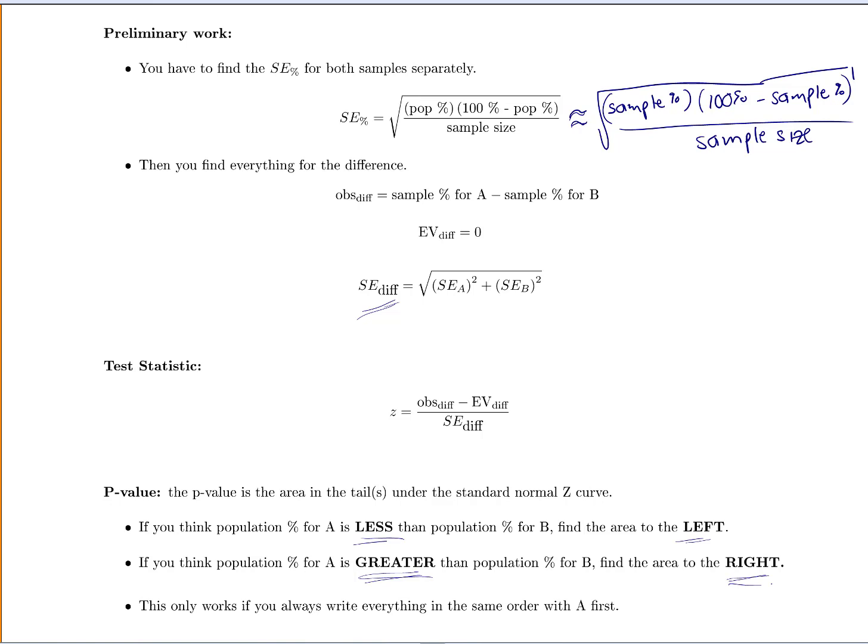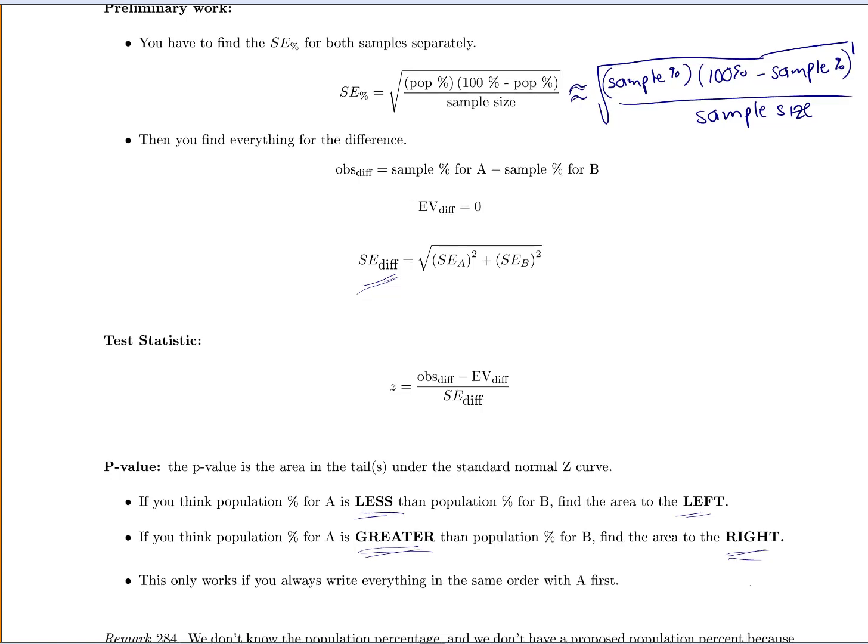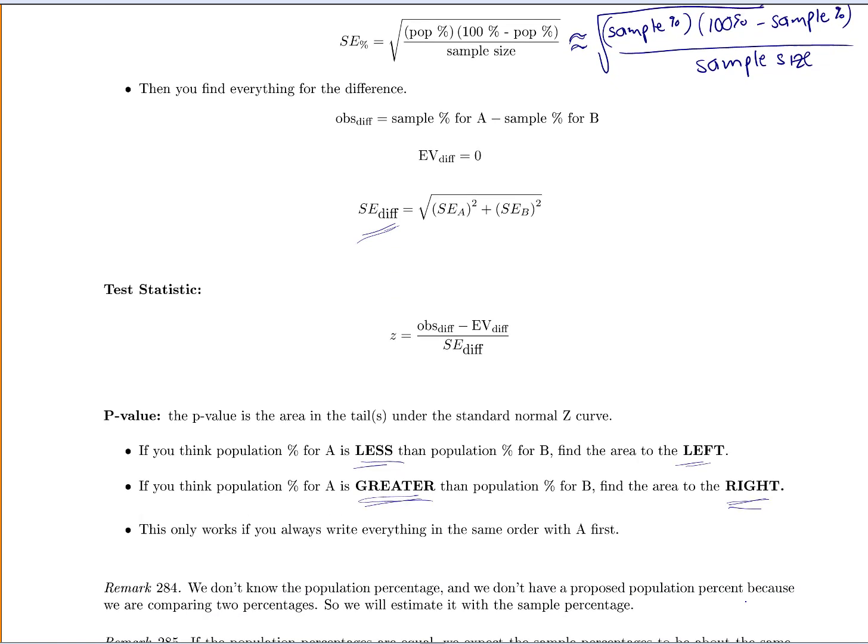And if you think it's different than, you'll have to find the area in both tails. Now again, this only works if you write everything in the same order with like A first, or whatever. That means whatever you put first in any of your calculations, you keep in the same order the rest of the time, and then this little trick will work.